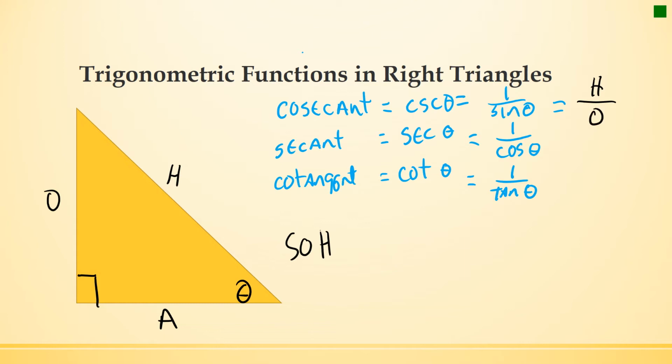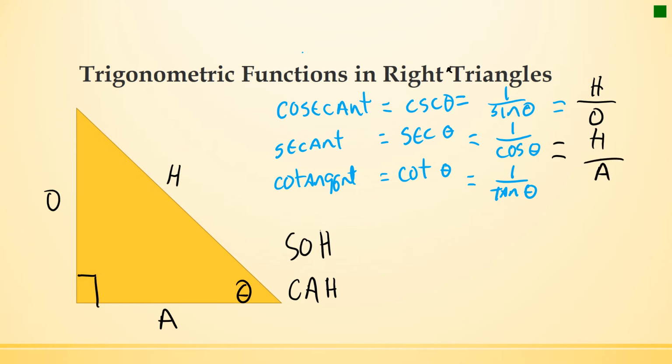Now, if the secant is 1 over the cosine, and the cosine is adjacent over the hypotenuse, then the secant could also be expressed as the hypotenuse over the adjacent.